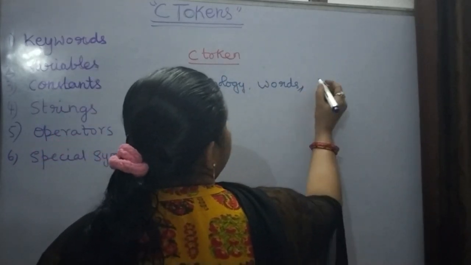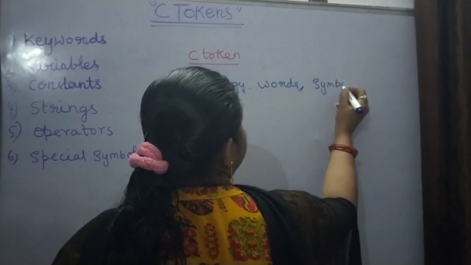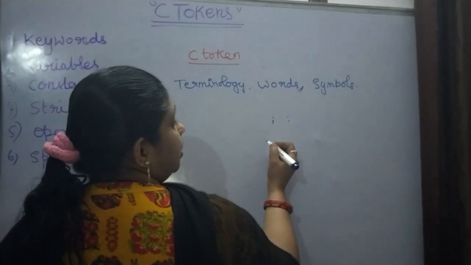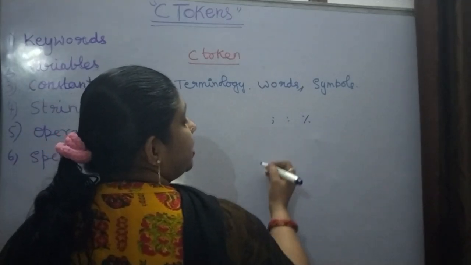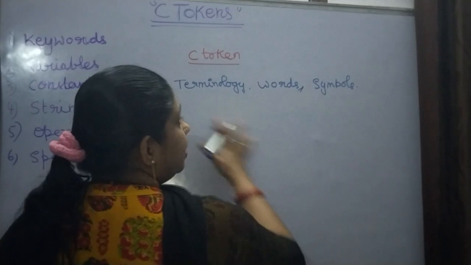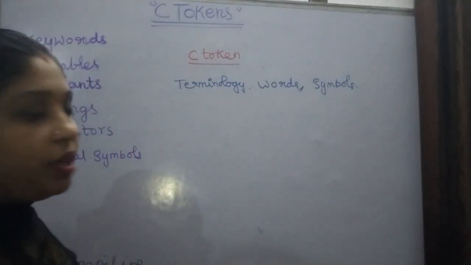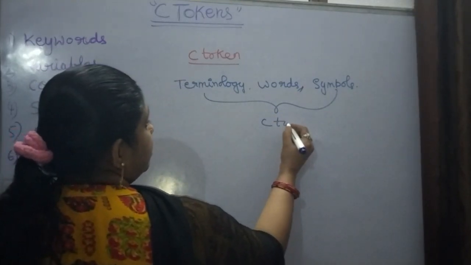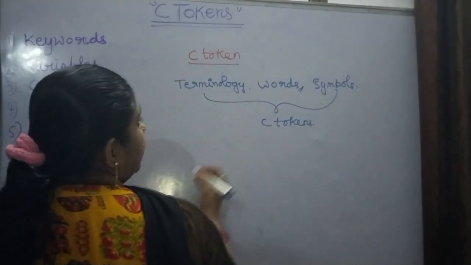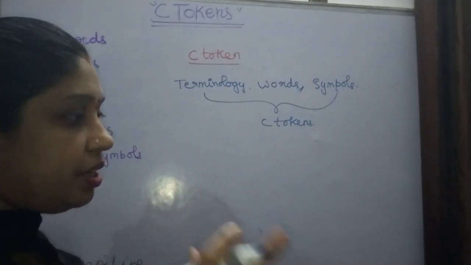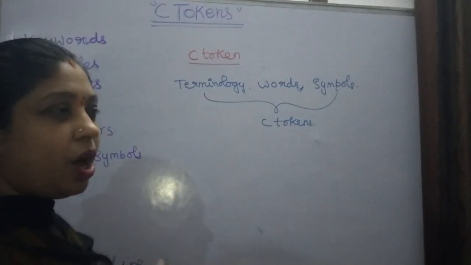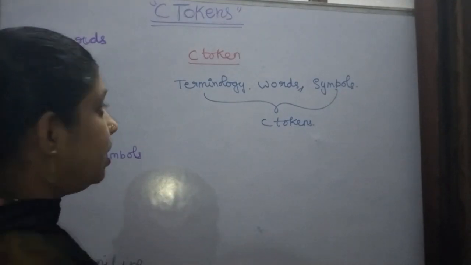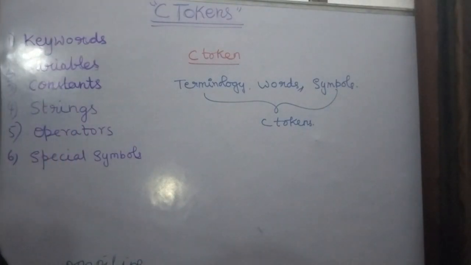Even symbols: some symbols you will use, like colon, semicolon, percent, all those things you will be using when you write the program. So these things are nothing but C tokens. Whatever words, whatever terminology, whatever symbols you are using, all those come under the tokens.